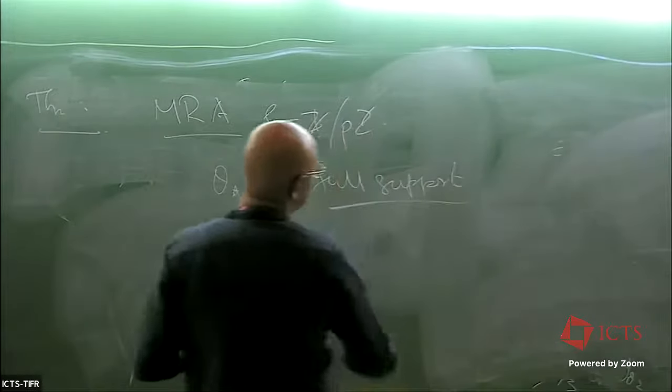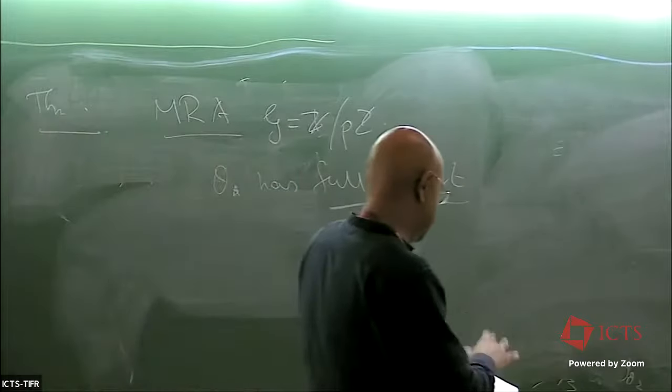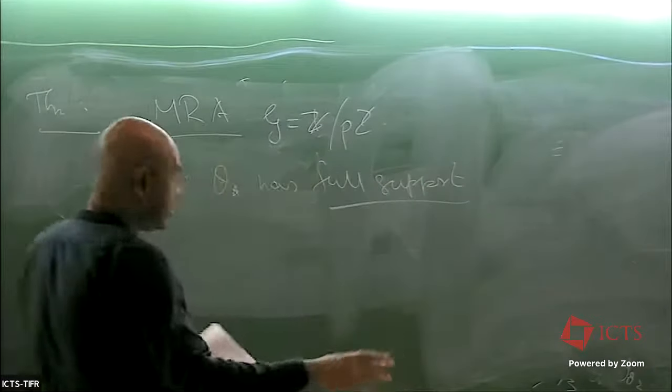So there is no coordinate which is 0, and in fact all the coordinates are separated away from 0.